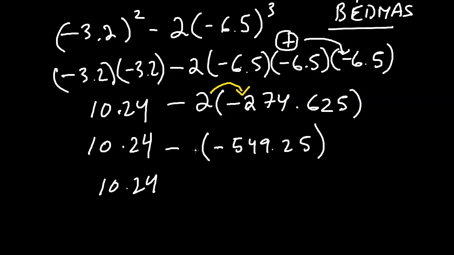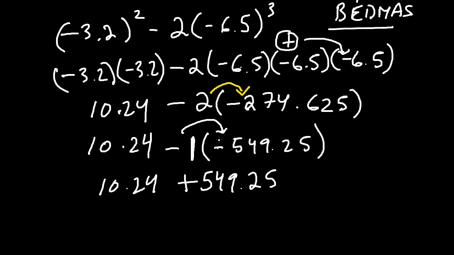If that's confusing, just imagine there's a 1 from the bracket. So now we're basically multiplying the negative 1 by the negative 549.25, right? So what's 1 multiplied by 549.25? Well, it's just 549.25, right? But then we know that when we multiply two negatives, we get a positive. So it's going to be a positive 549.25.